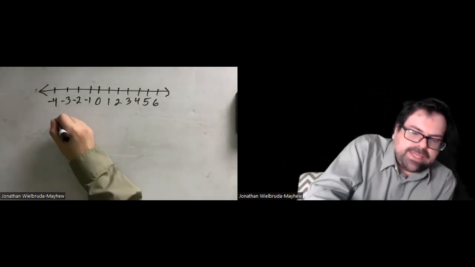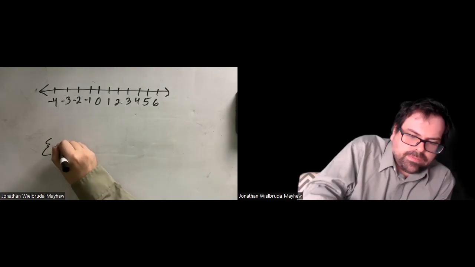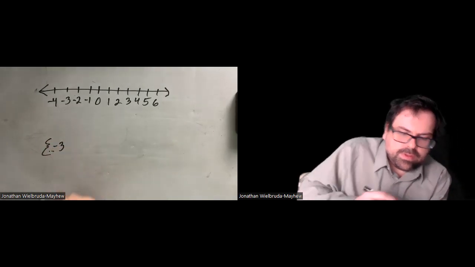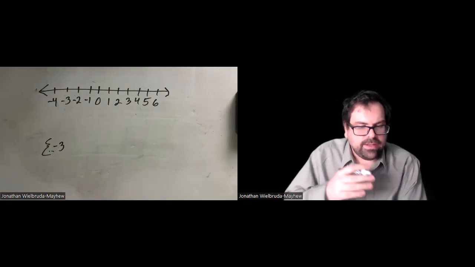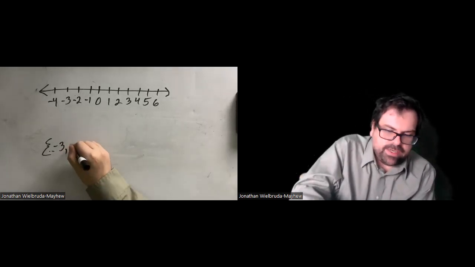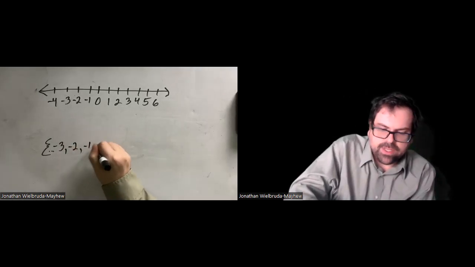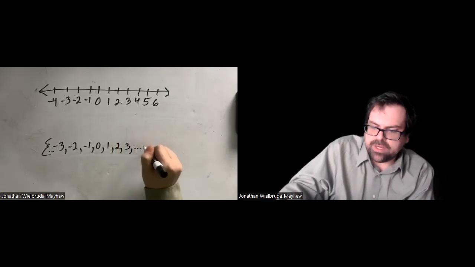This set we see here, continuing on and on from negative infinity, -5, -4, -3, -2, -1, 0, 1, 2, 3, so on and so forth.